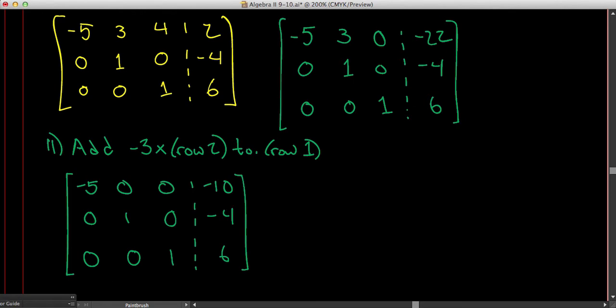All we need to do is divide our row 1 by -5. So, our 12th and final step, divide row 1 by -5.